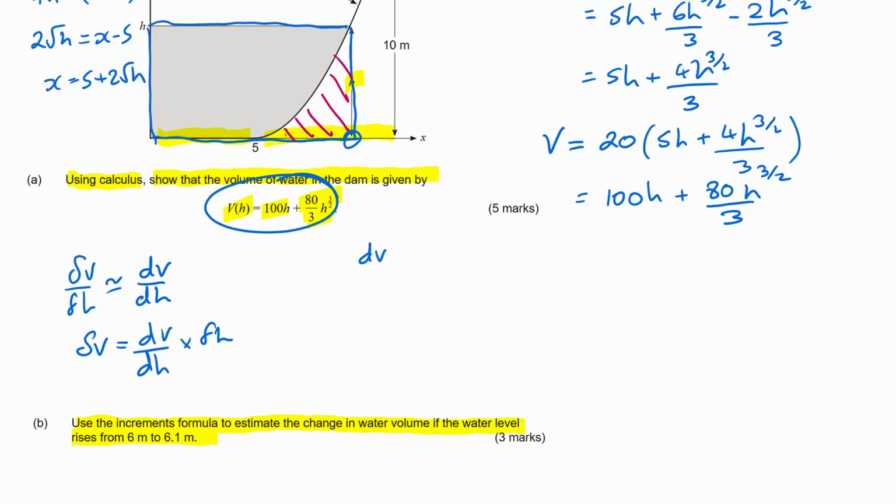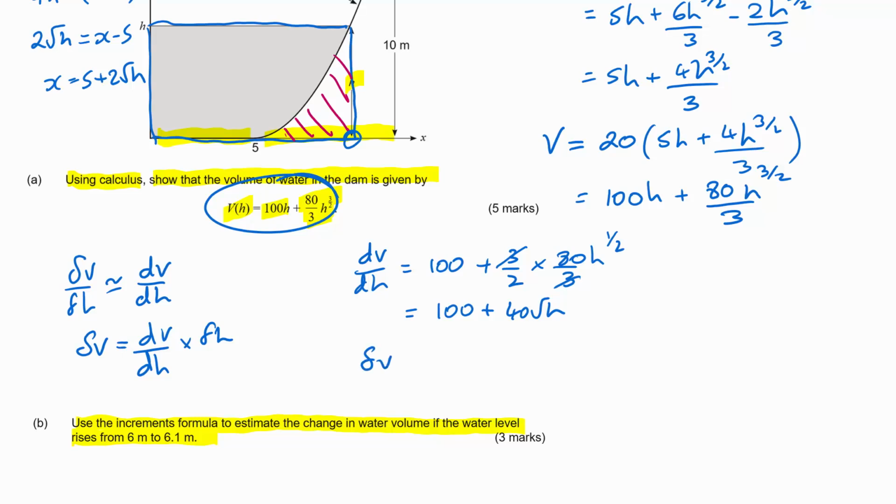So if we do dV/dH, it is equal to 100 add 3 over 2 times 80 over 3 h to the half. The 3's will cancel, so that is 100 plus 40 root h.